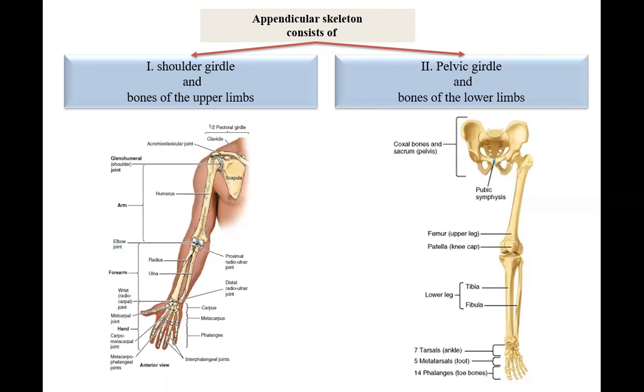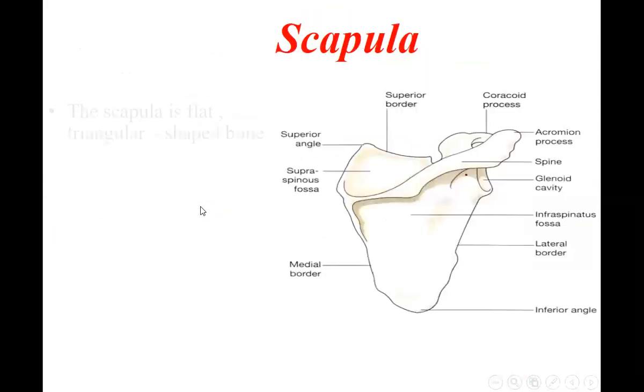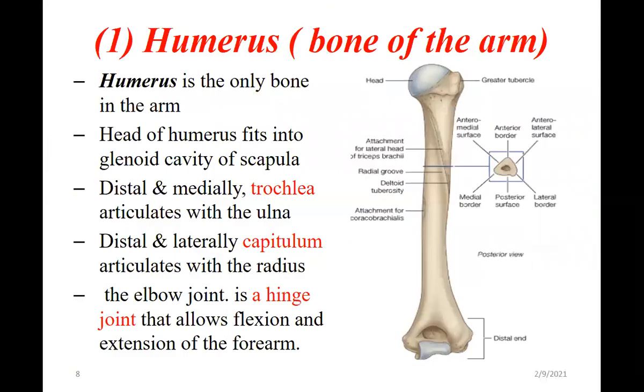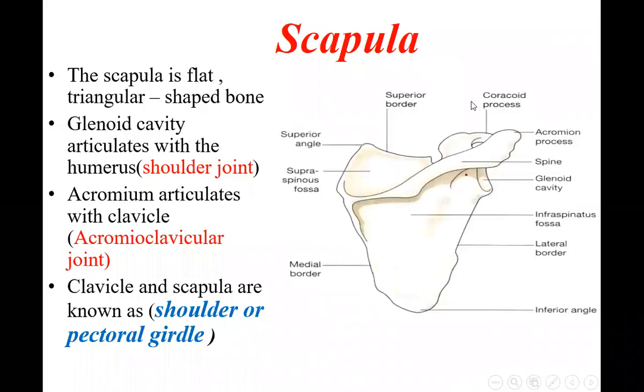Now we are talking about this bone, the humerus. As we saw, it is the only bone in the arm. That part where this bone is present is called the arm. So this is the only bone of the arm, a very thick bone called the humerus. The head of the humerus fits into the glenoid cavity of the scapula. You see, the head, which is rounded in shape, will fit into the glenoid cavity.